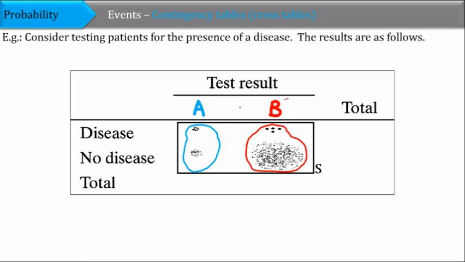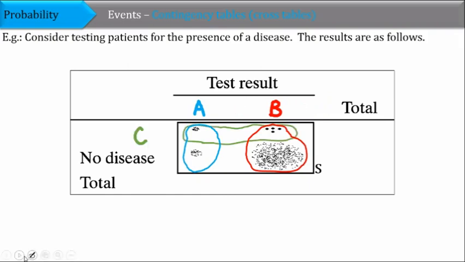So you can see event A intersection B will be empty, because you can't have somebody being tested with one test and then the test showing both positive and negative. One test can only show one result. So a person will be classified either positive or negative, but not both. So they are disjoint events.